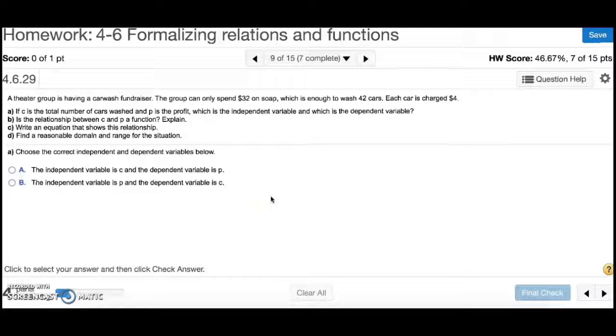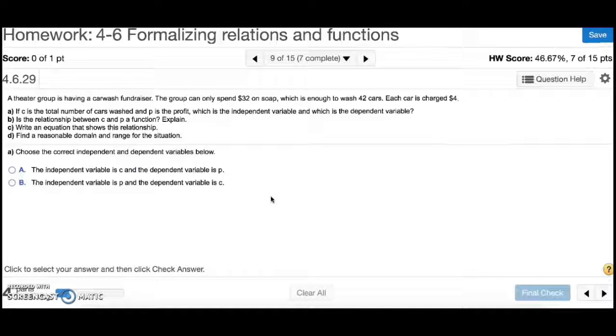So number 9. A theater group is having a car wash fundraiser. The group can only spend $32 on soap, which is enough to wash 42 cars. Each car is charged $4. So for A, if C is the total number of cars washed and P is the profit, which is the independent variable and which is the dependent variable?